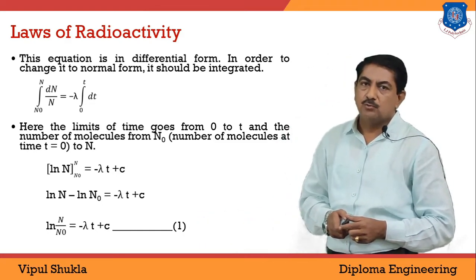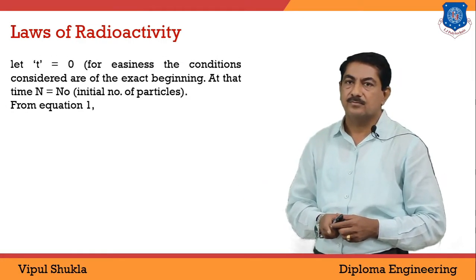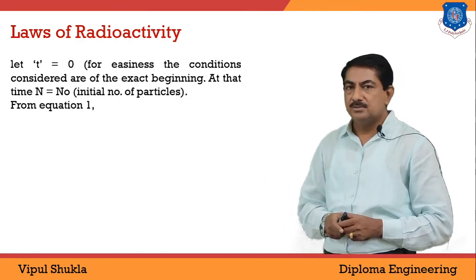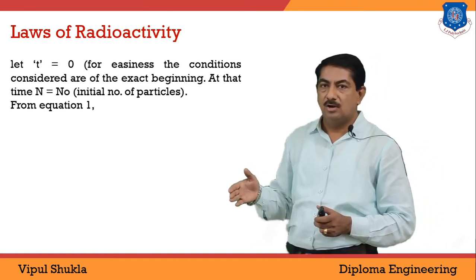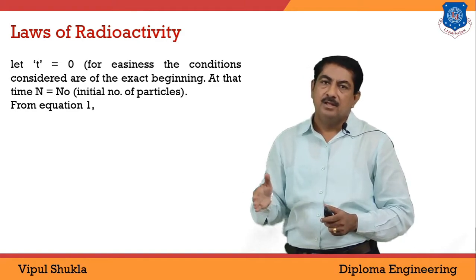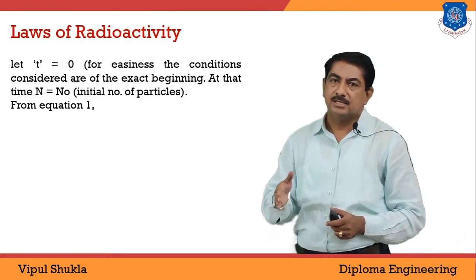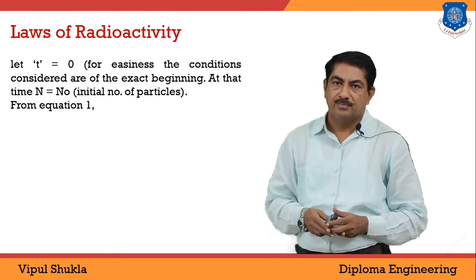Now our goal is to find the value of the constant c. Substituting the values when t equal to 0, at that time the number of original or parent nuclei present is given by N equal to N0.